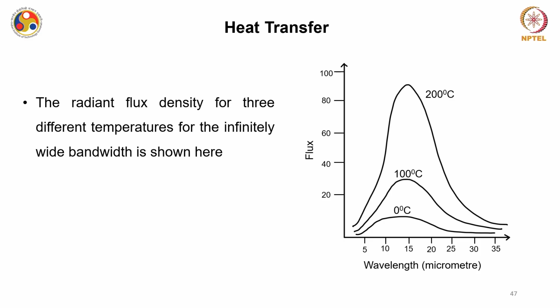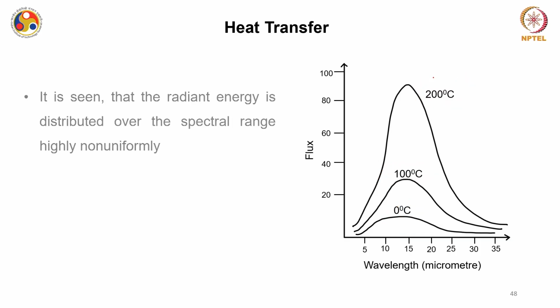The radiant flux density for three different temperatures, for infinitely wide bandwidth, is shown over here. Let us understand this with one example. This is for 0 degrees Celsius, this is for 100 degrees Celsius, and this is for 200 degrees Celsius. It is seen that the radiant energy is distributed over a spectral range which is highly non-uniform.